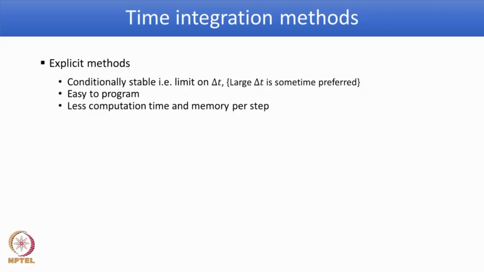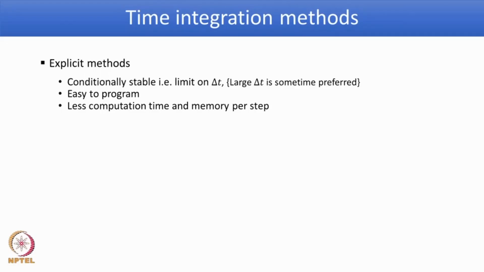A large delta t is sometimes preferred for a problem where you want to capture different scales. It is easy to program because current level values are not required, only the previous values are required, and you do not have to work hard to write a very difficult program.